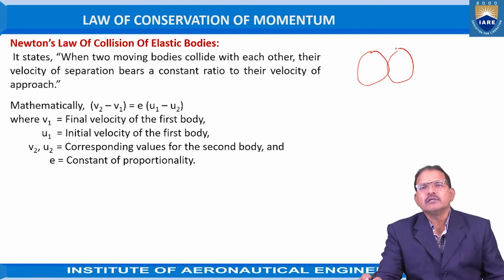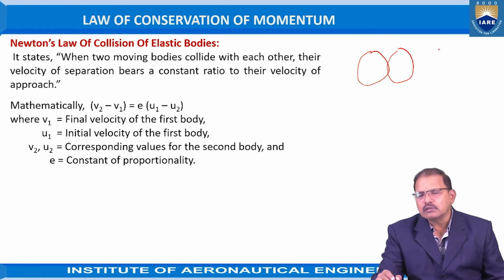The velocity with which the two bodies separate after the collision, after compression takes place and they regain their original shape, they move again with a certain velocity. Assume it is v1, v2, u2 and u1.